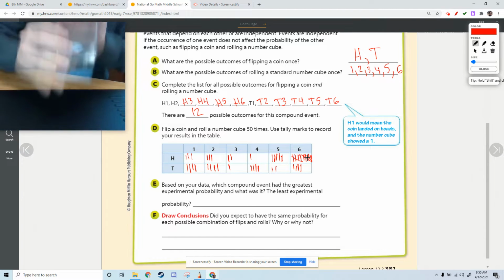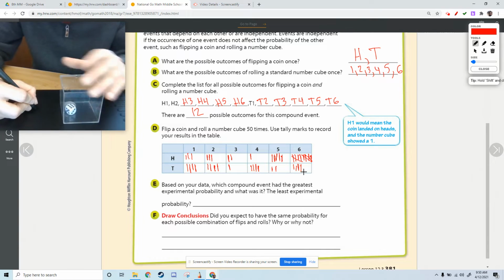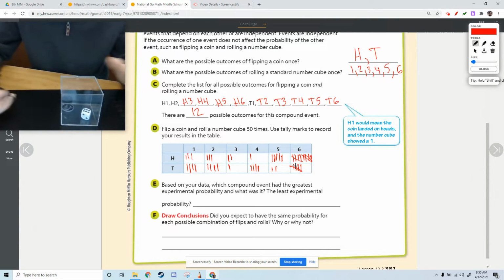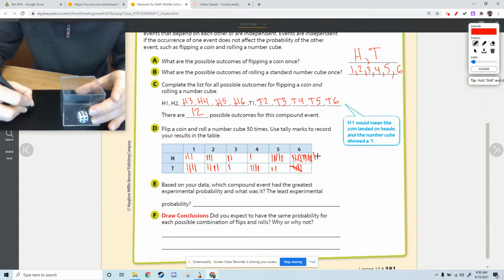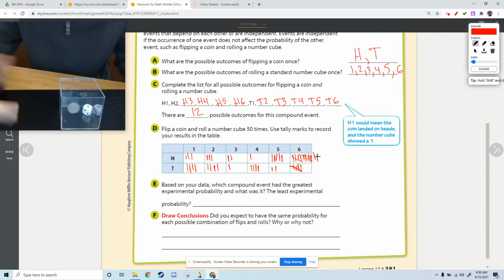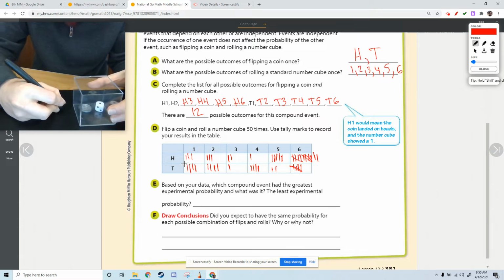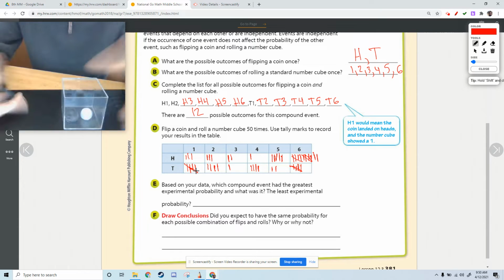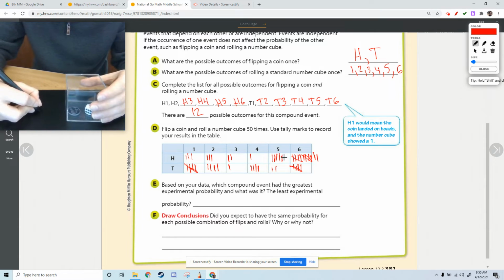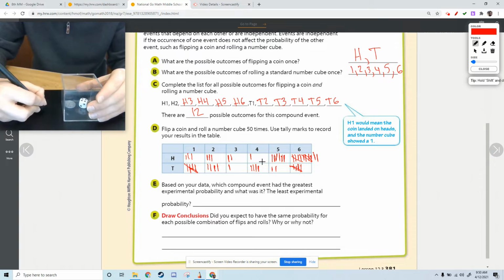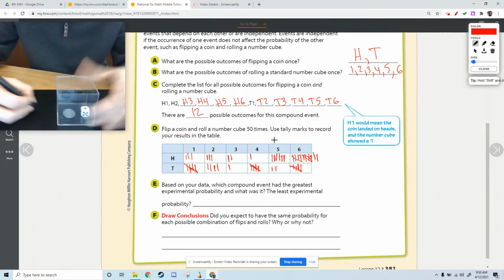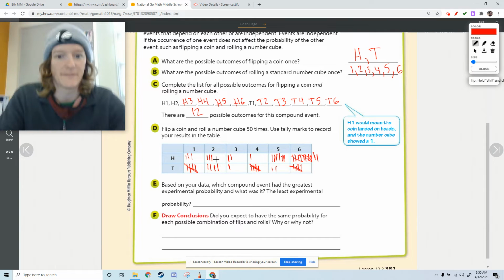My goodness. 6 tails. 6 heads. This is crazy. This is not random. 1 tails. 5 heads. 4 tails. 1 tails. Let's count one more time.